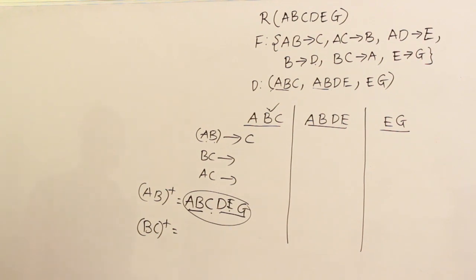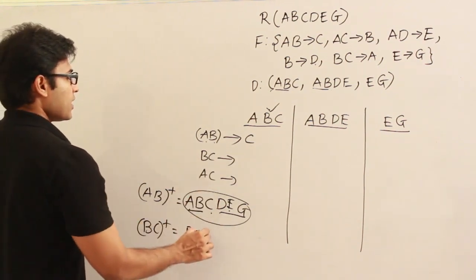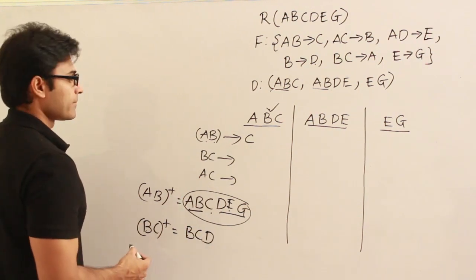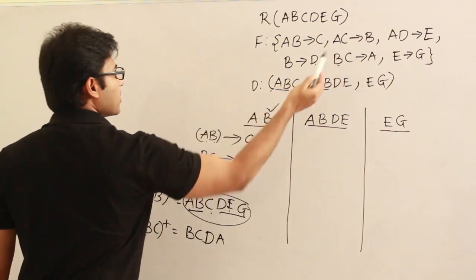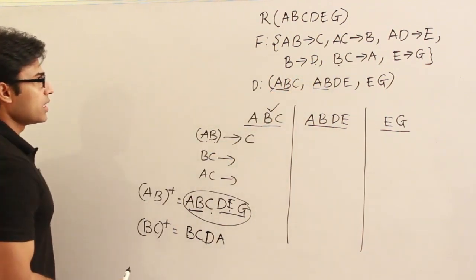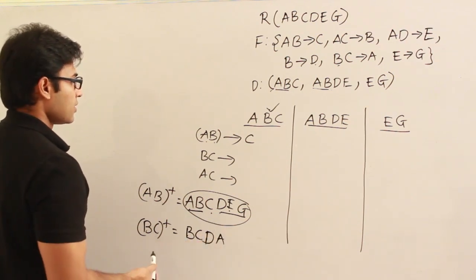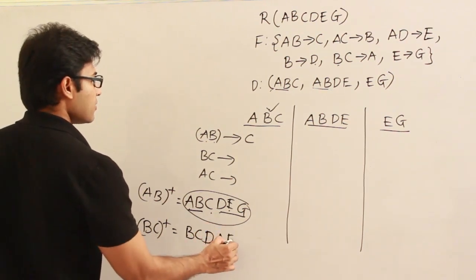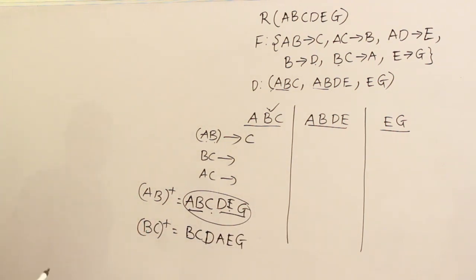What about BC plus? You get BC, right? And then because of B I get D, and because of BC I get A, isn't it? AB I get C, and because of AC I get B, and because of AD I get E, and because of E I get G. So even BC is also a key. What kind of key is it?